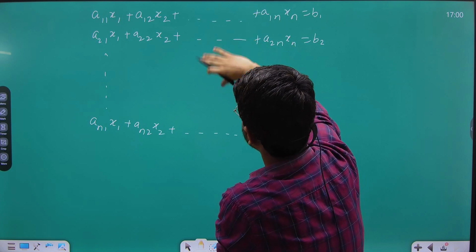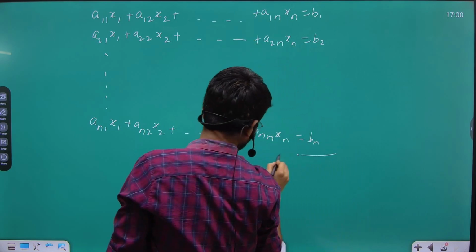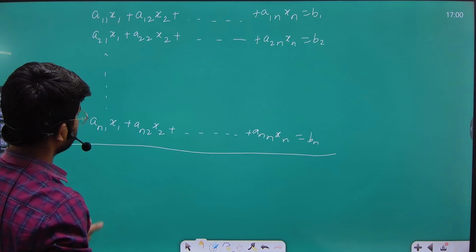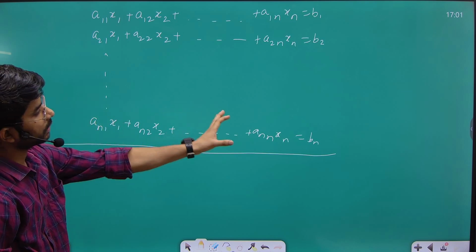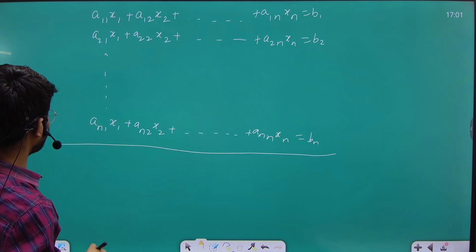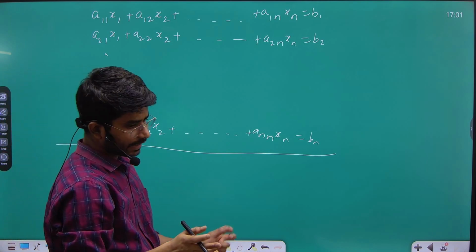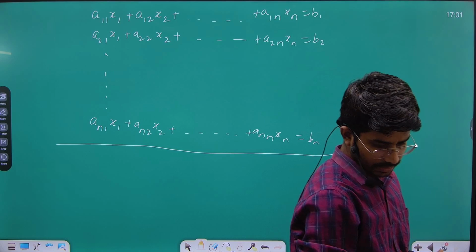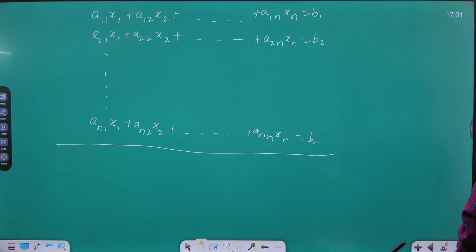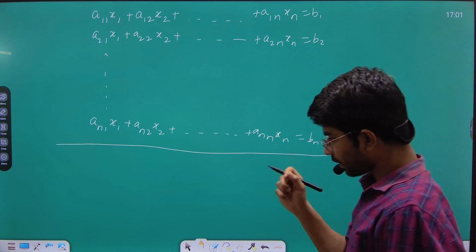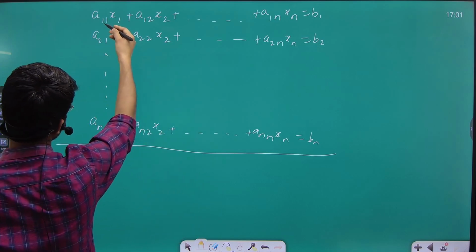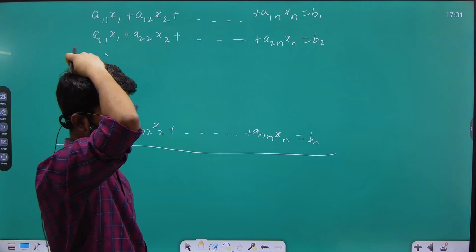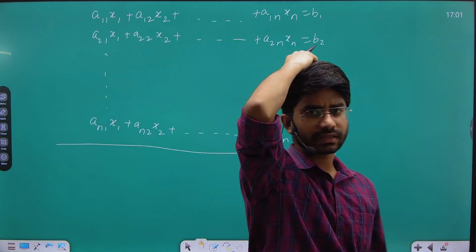Suppose you want to represent this as a scalar multiplication of vector a and vector x with b1. So you have an a vector and an x vector. Okay. So the a vector is different and the x vector is different. So you will have a1 vector meaning the first vector and a2 meaning the second vector.